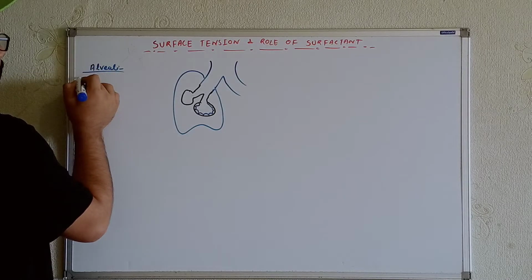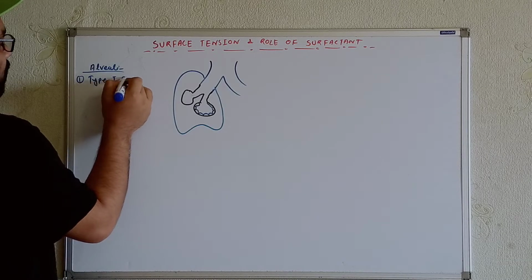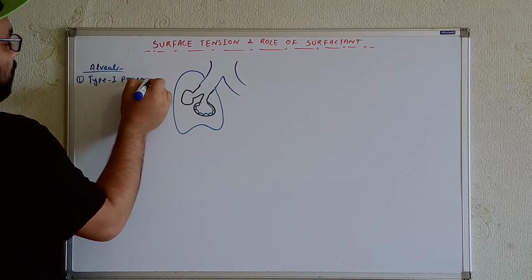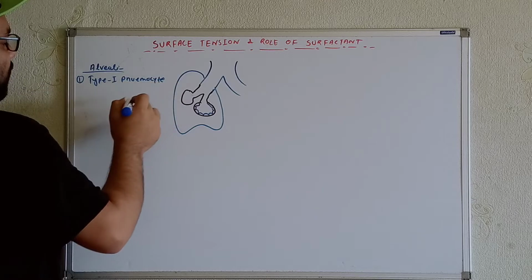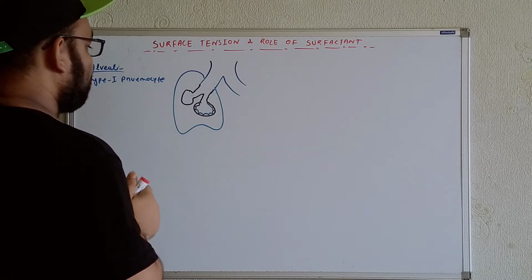We'll get the type 1 pneumocytes first, and in between two adjacent type 1 pneumocytes, we'll get another type of cell, the cuboidal shaped cells.